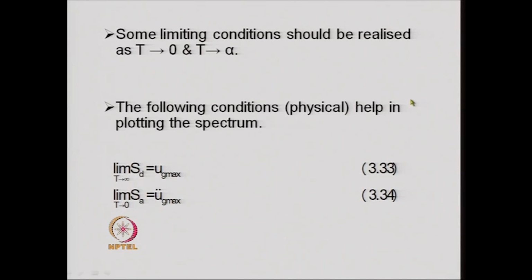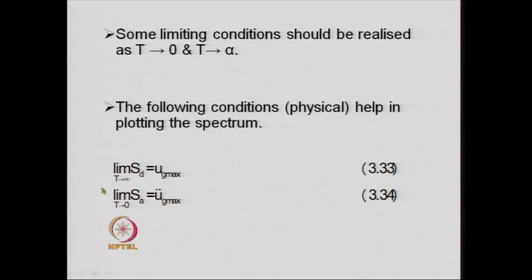Now, while plotting all the three response spectra in this particular graph paper, which is known as a tripartite plot, we need some limiting conditions in order to define the spectrum. These limiting conditions are obtained by setting t tending to 0 in one case and t tending to infinity in the other.